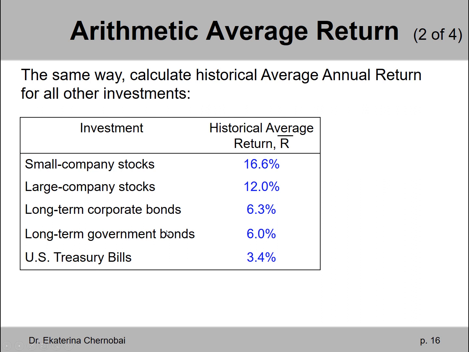Then long-term government bonds, 6%, and then US Treasury bills, the lowest, 3.4%. So 3.4% is kind of the lowest return you were able to make over the last 9 decades when you were investing your money into financial markets.